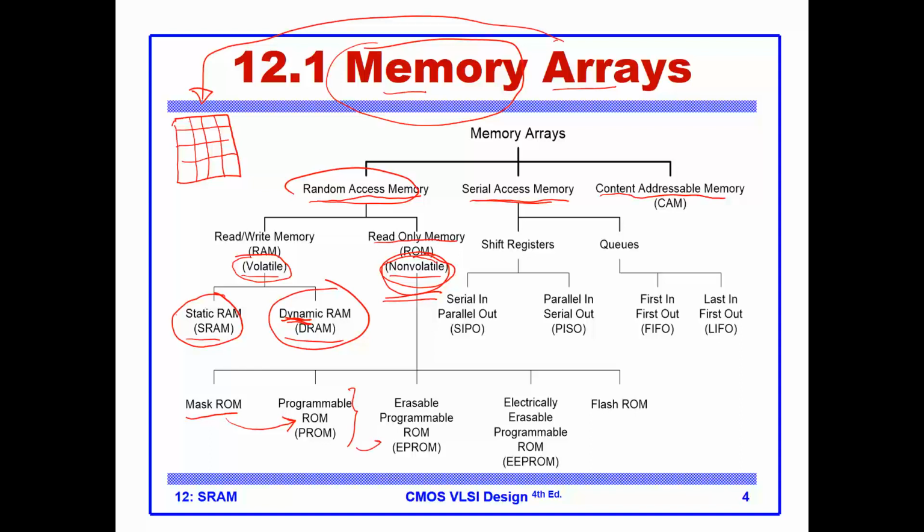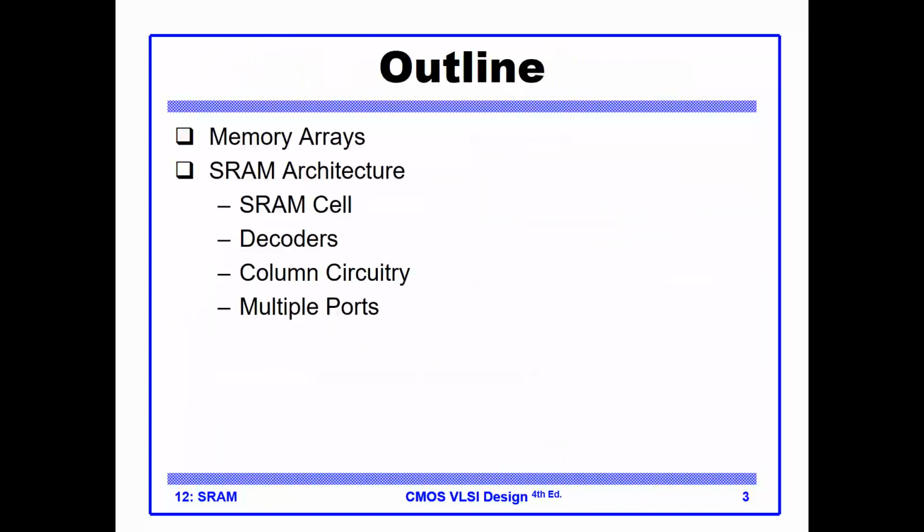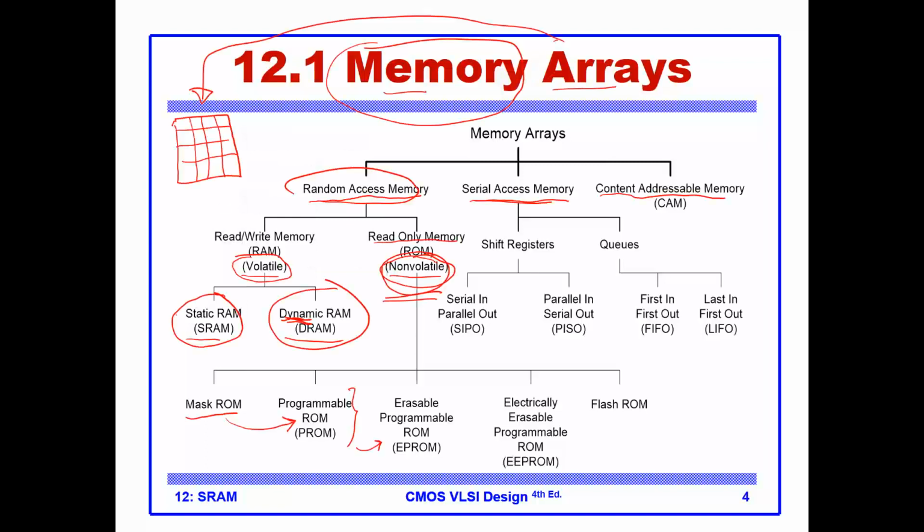Then we moved to erasable programmable ROM, where you could erase the data using ultraviolet light, for example. But unfortunately, to do that, you have to remove the chip from the motherboard and expose it to UV. It was a hassle.